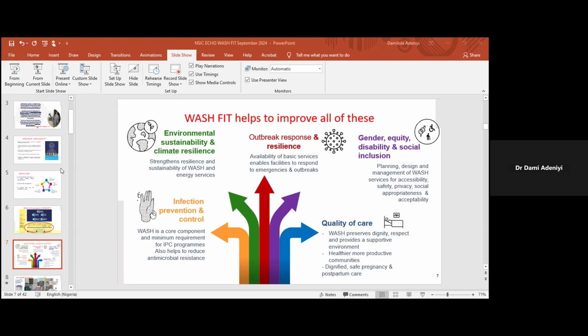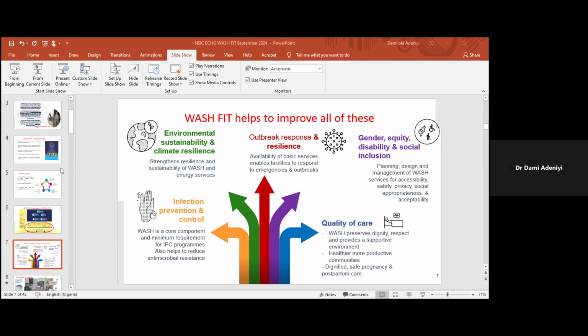And so what I would recommend is that for those that are really interested in doing a WASH FIT, going through the WASH FIT methodology, you can start by focusing on a department, a unit, where it's likely that you'll get the collaboration that is needed, where perhaps you've had previous programs that worked.